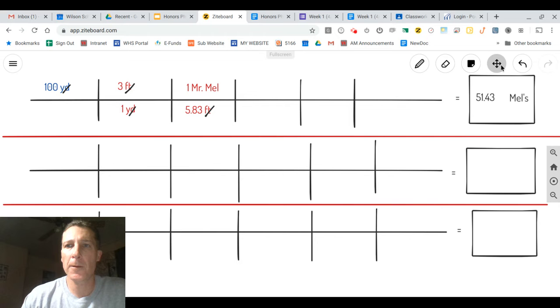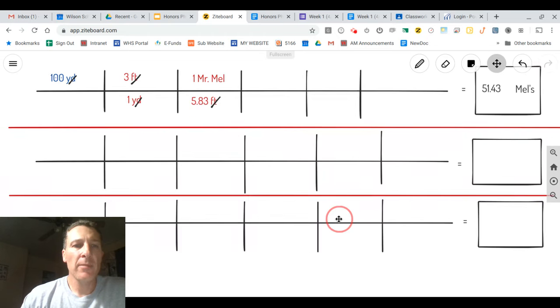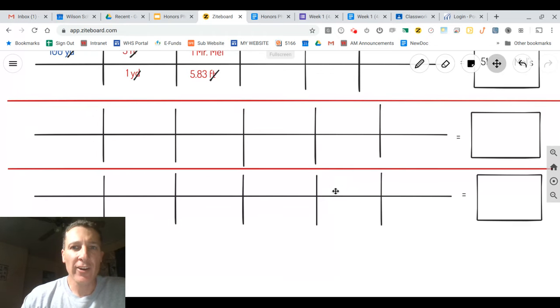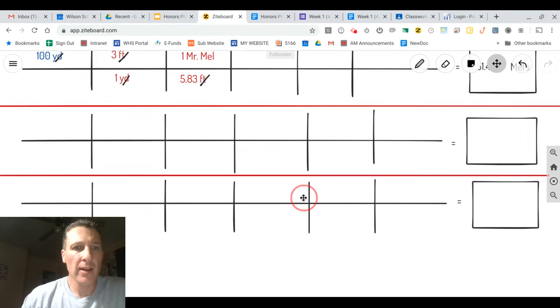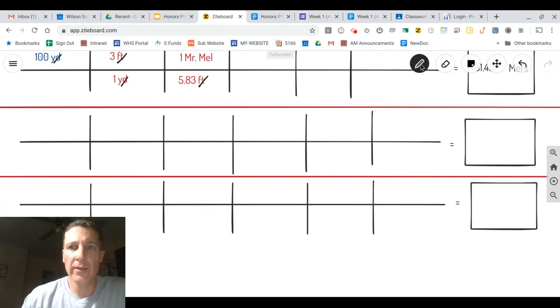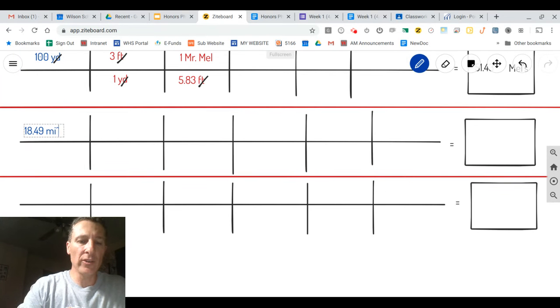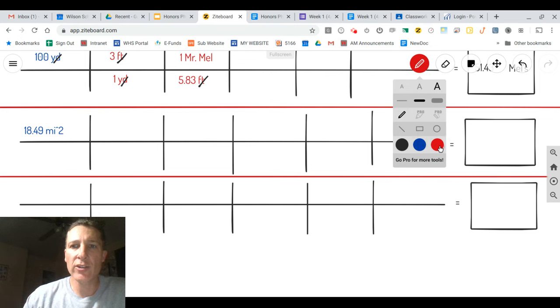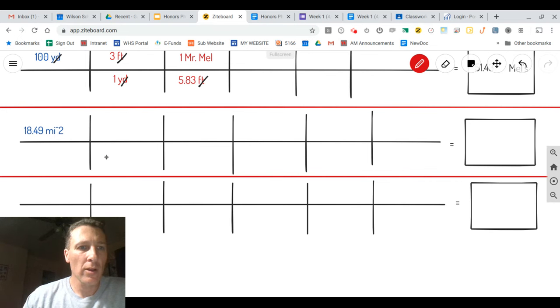Okay. Things you want to keep in mind if you're doing any area measurements, kind of hone in on this a little bit. For instance, if I take the area of Spring Township, which is 18.49 square miles, I'm using the caret symbol here for square, you need to remember to perform the conversion fraction twice.